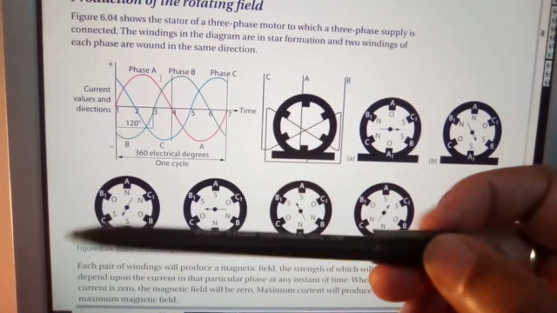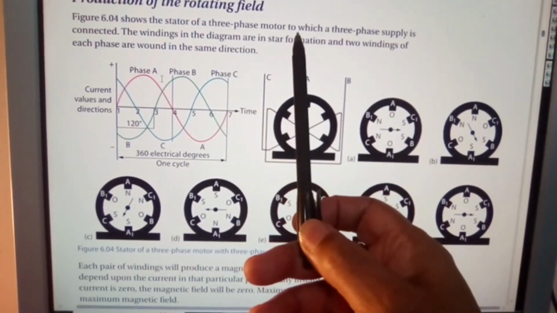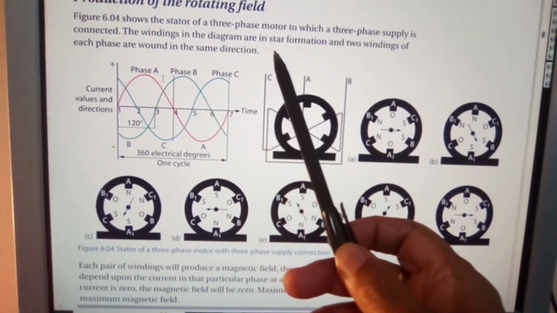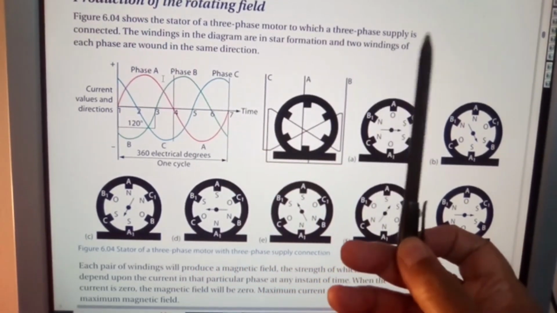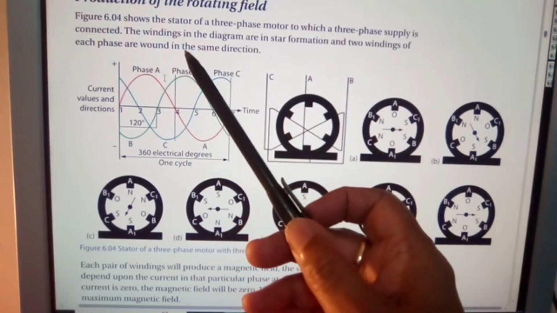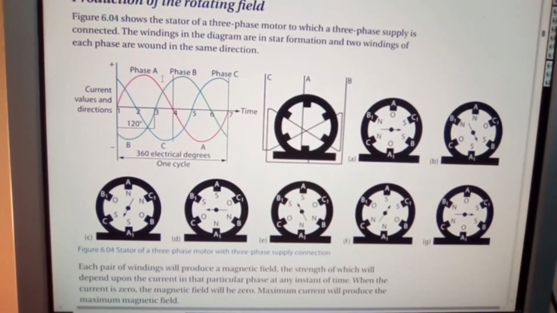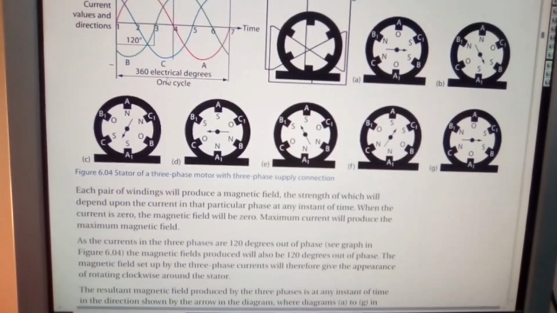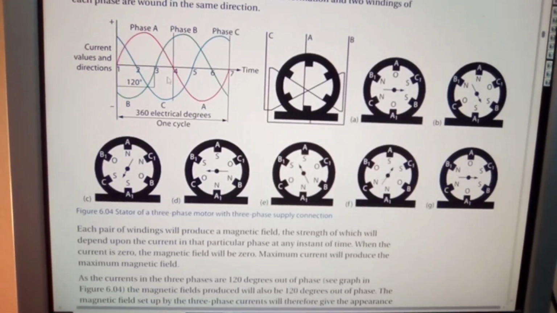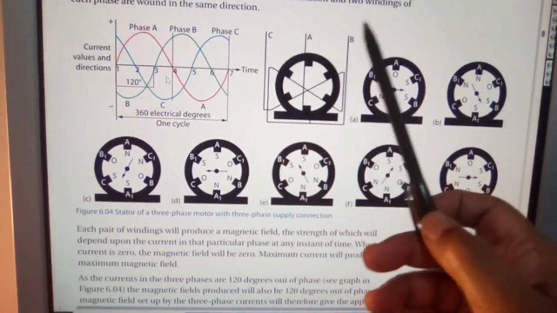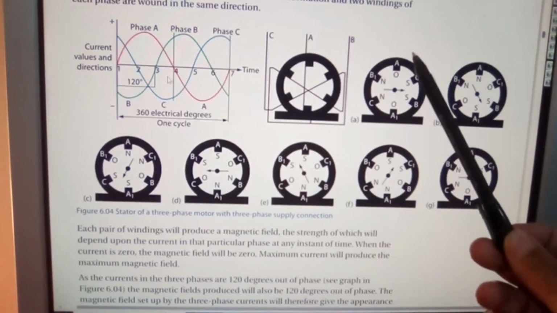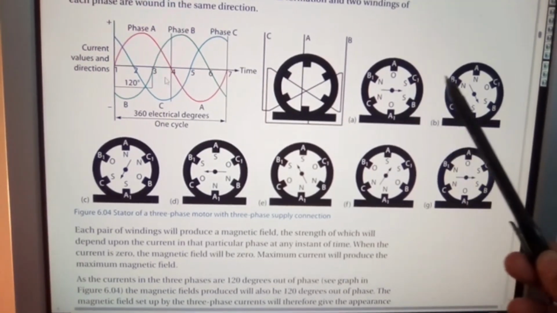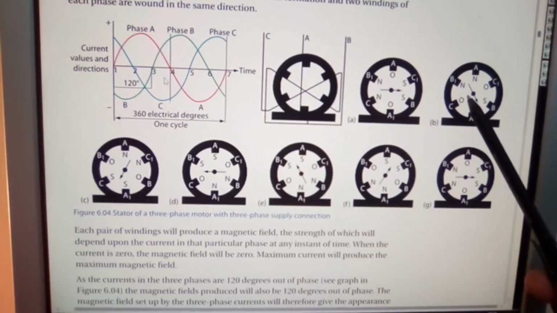Figure 6.04 shows the stator of a three-phase motor to which a three-phase supply is connected. The windings in the diagram are in star formation, and two windings of each phase are wound in the same direction. So here your start points are here, A, B, C, and it's only showing you those points, and showing you how it started to rotate, even from a different perspective.